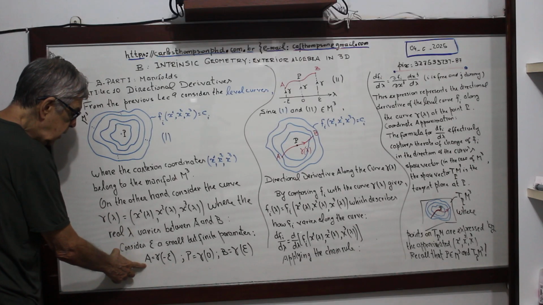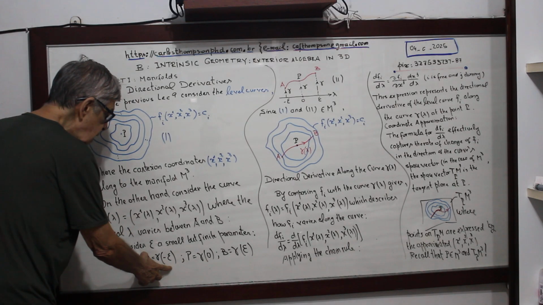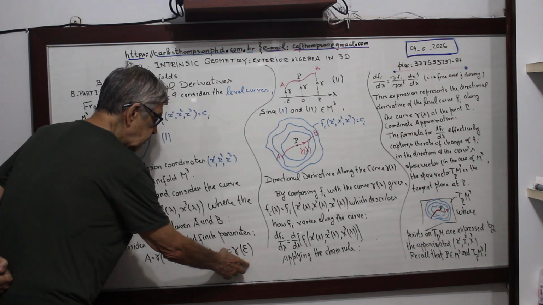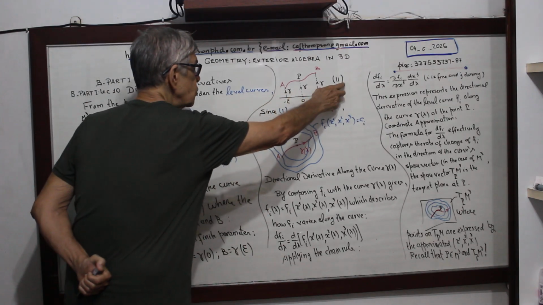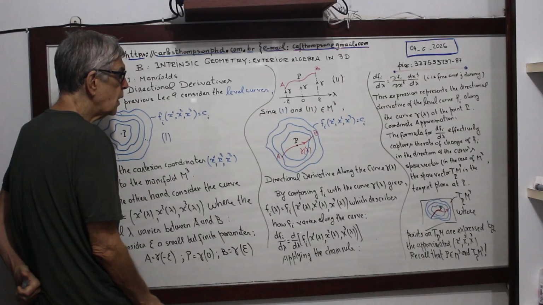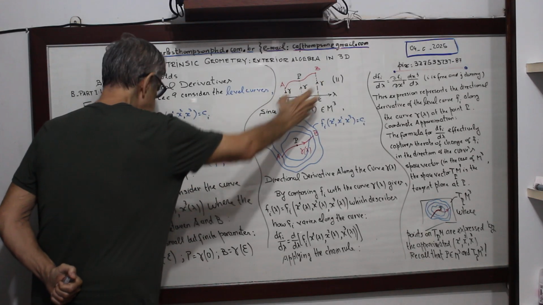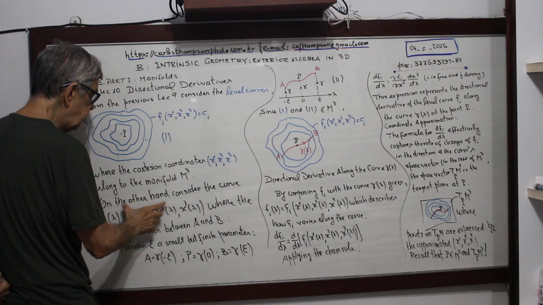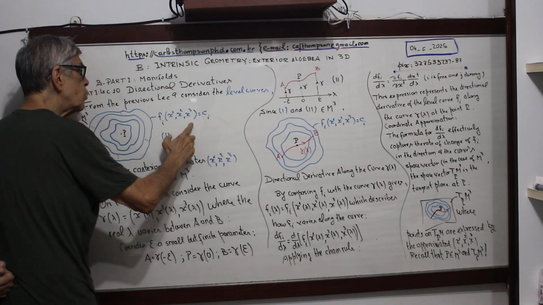Now, a is gamma of minus epsilon, p is gamma of 0, and b is gamma of epsilon. You see this in figure 2 over here, the relation and the equation, and also the level curves.